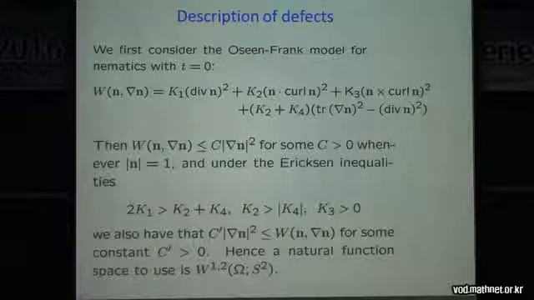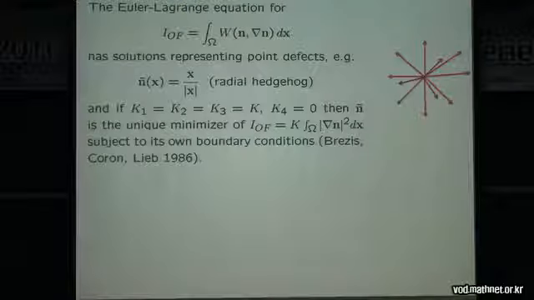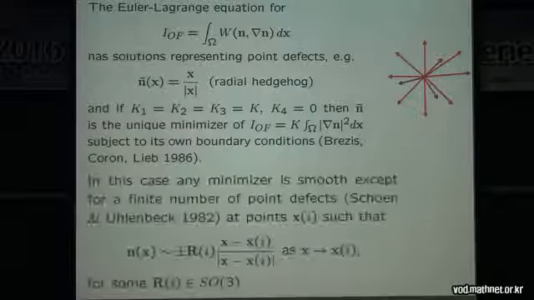That's what everybody would use, with values in S^2. And the Euler-Lagrange equation has solutions that represent point defects, like this hedgehog, which looks like that. And if you make this one constant approximation, which I just did, that K1, K2, K3 is K, K4 is 0, then in fact this is the unique minimizer subject to its own boundary data.